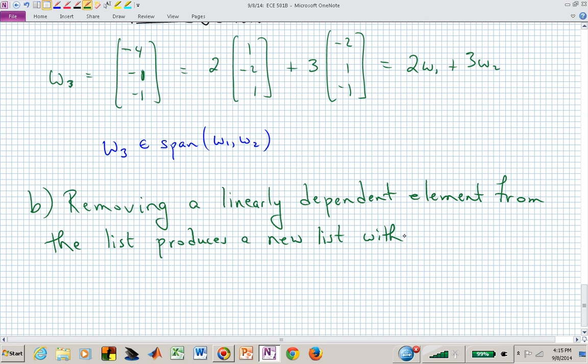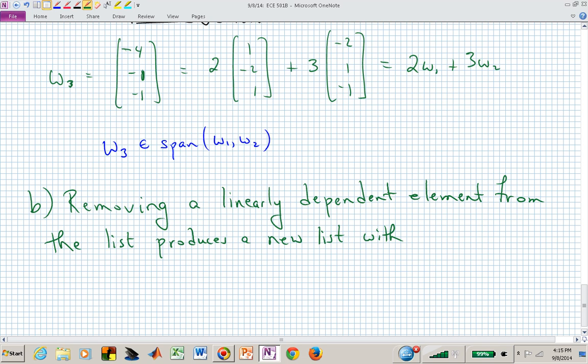But if the element that we removed was linearly dependent, what have we done to the span? If I have a collection of vectors and there's linear dependence, and I find one of the elements in that list that's linearly dependent on the others, and I remove it, what has happened to the span of the original set of vectors?